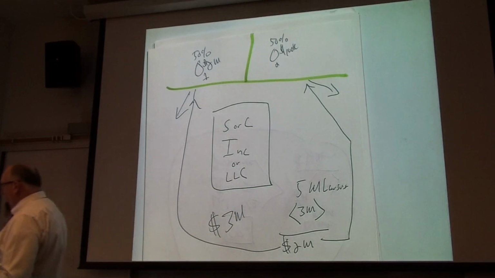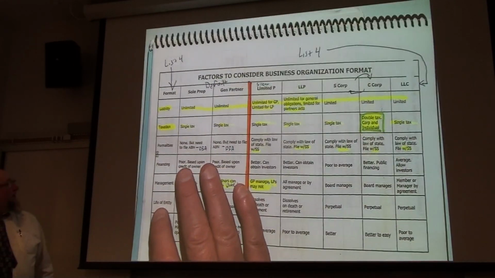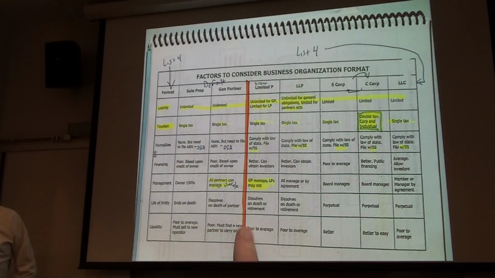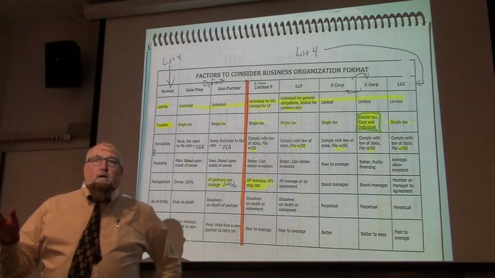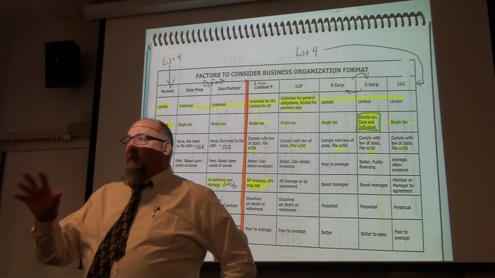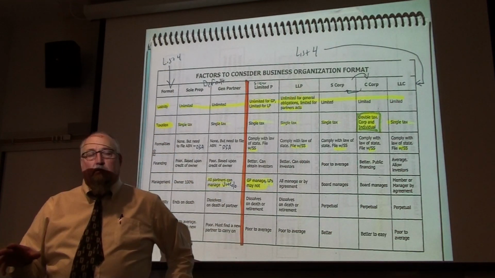All right, so back to my chart here before we run out of time. When I talk about liability, here's the liability barrier shield. General partnership, sole proprietorship, there's no liability protection whatsoever. Your personal assets, your house and everything are at risk along with the business assets.